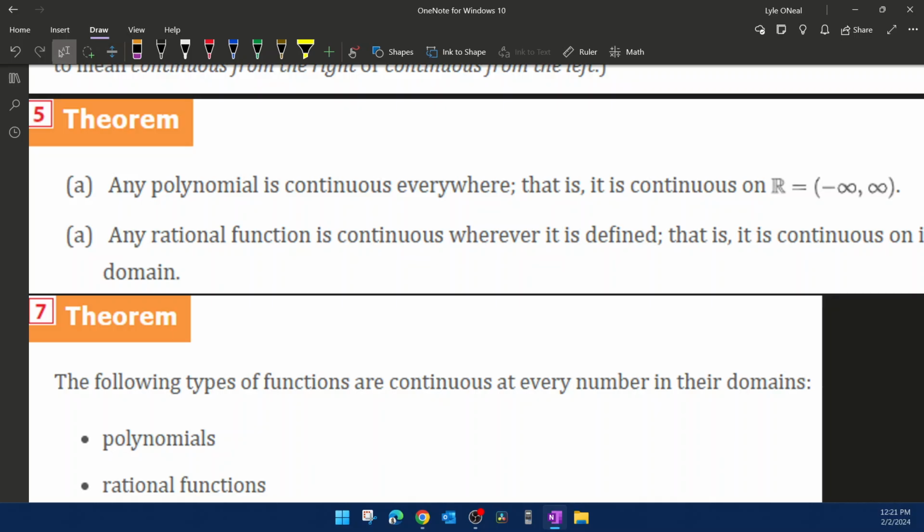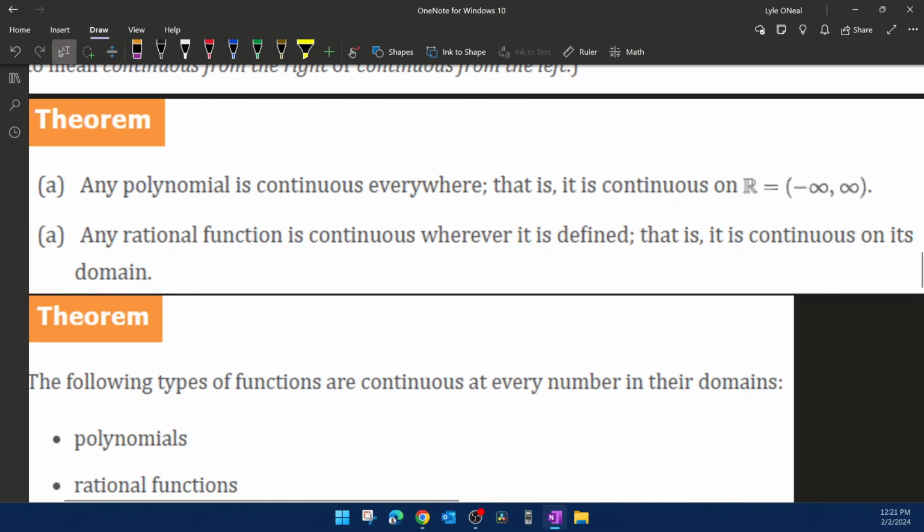So polynomial functions are continuous on the reals from minus infinity to infinity. Any rational function is continuous everywhere it is defined. That means that you can consider a rational function to be continuous everywhere but at its restrictions, everywhere over the domain of the rational function.